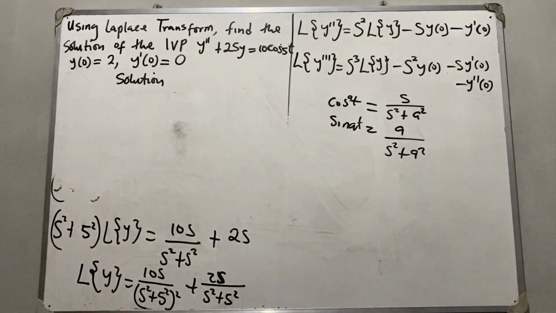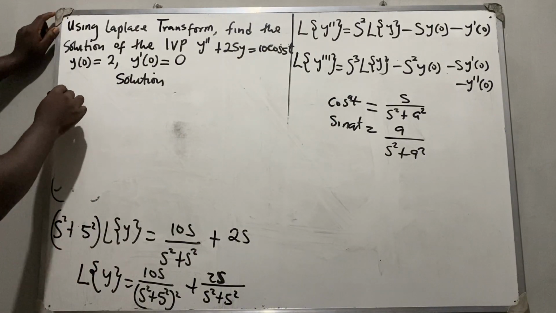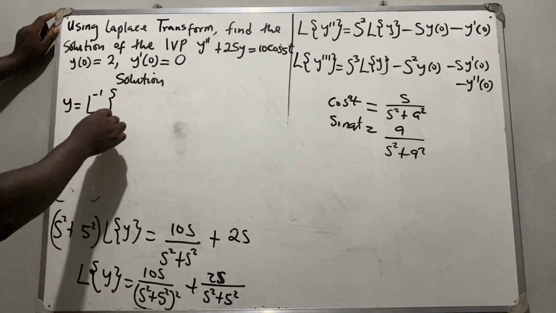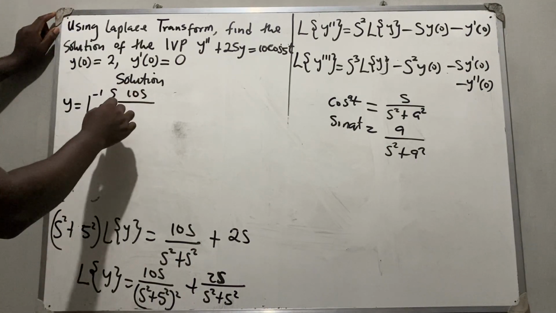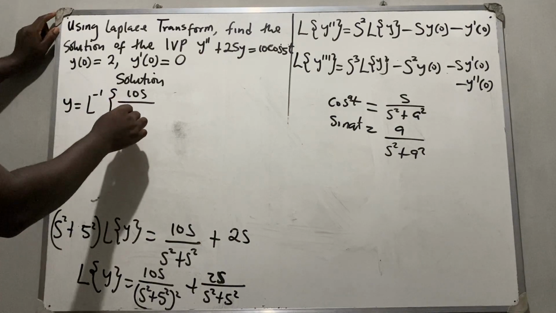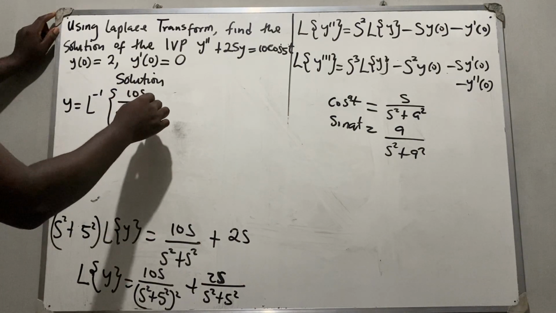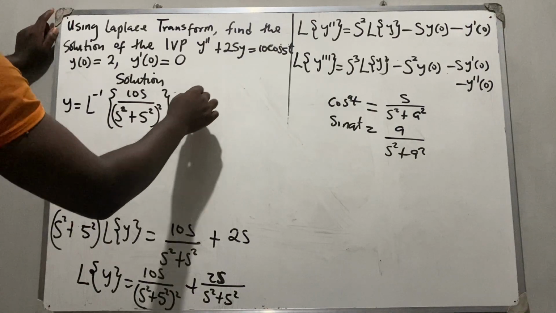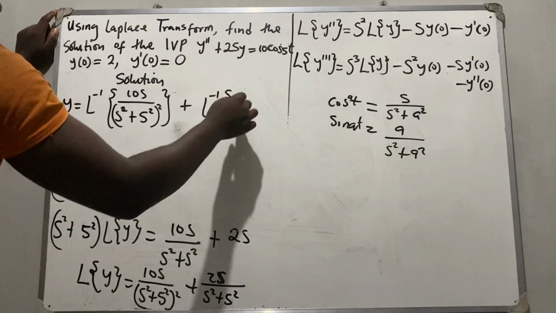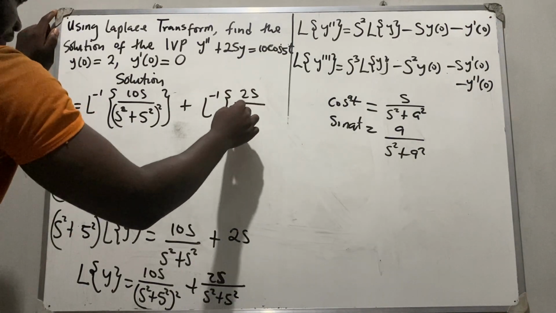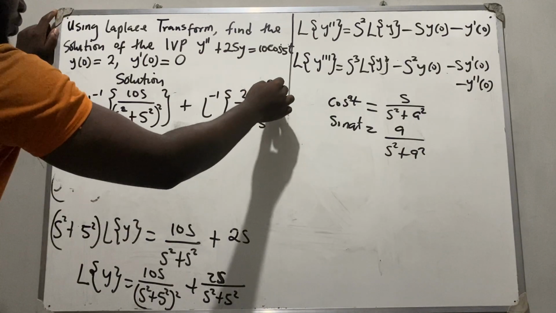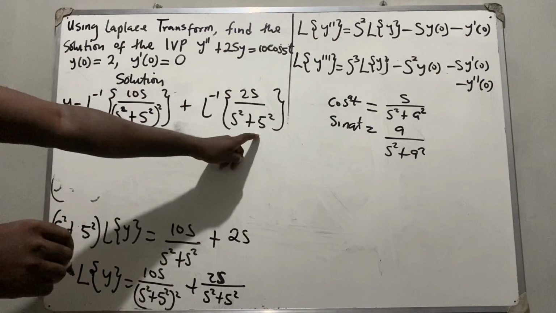Okay. So since we've cleaned here, we'll now have that to find the y that we are looking for, we're going to get the inverse Laplace transform of the first one, which is 10s over s squared plus 5 squared, all squared. Okay, then plus the inverse Laplace transform of 2s all over s squared plus 5 squared. You will look at this and see that this one is obvious.